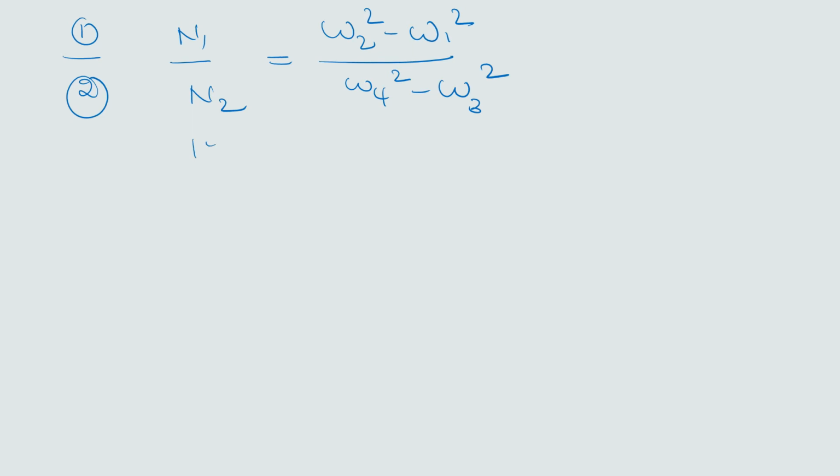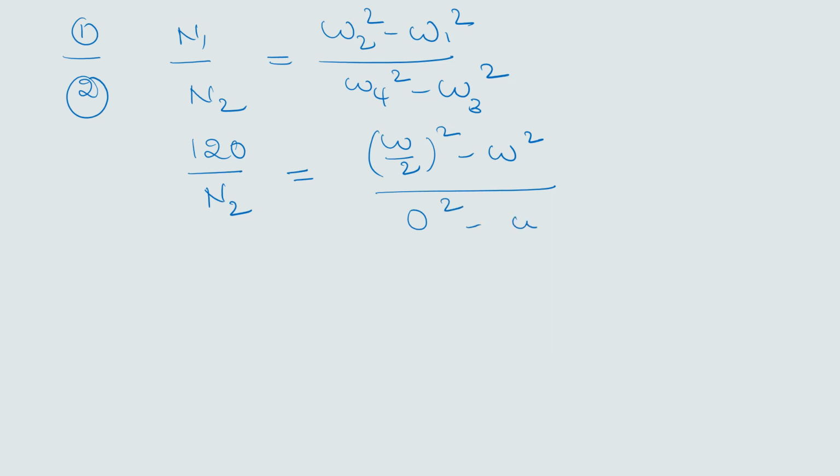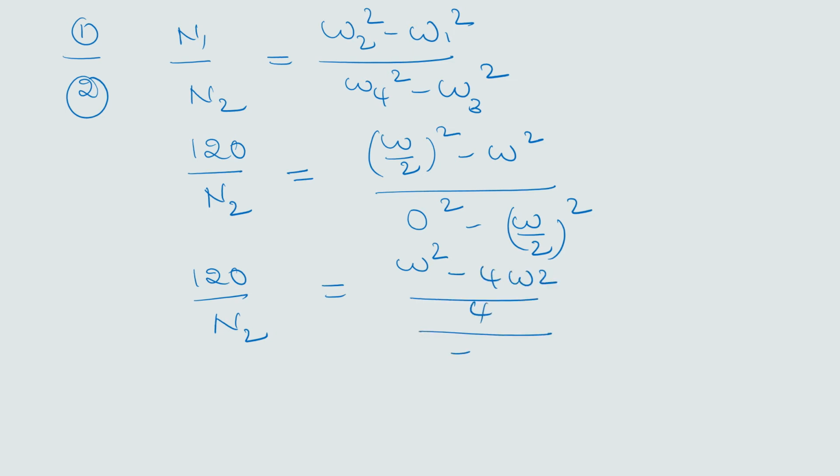Now substituting values, 120 by n2 is equal to, we have to calculate the value of n2. So 120 by n2 is equal to omega by 2 whole square minus omega square, by 0 square minus omega by 2 whole square. So 120 by n2 is equal to omega square minus 4 omega square by 4, now taking LCM, by omega square by 4.